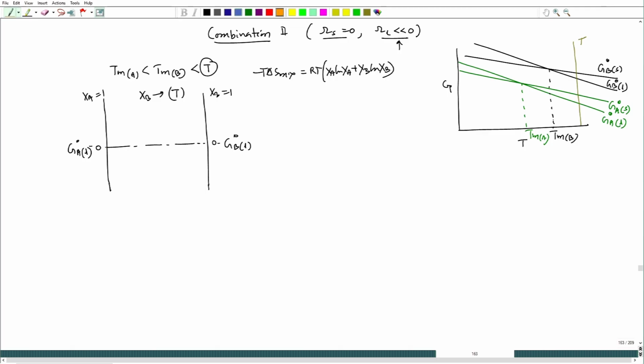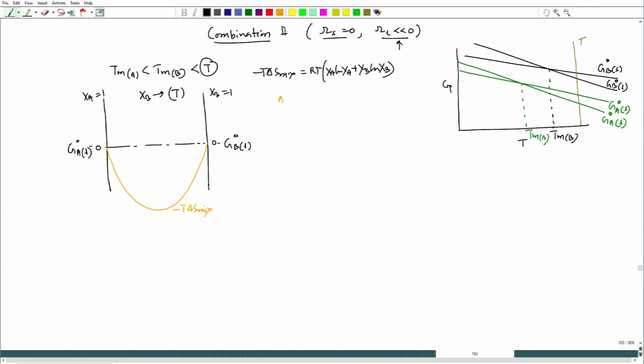So, this is the one, this is minus T del S mix, and that will not change whether we consider a liquid solution or a solid solution. This contribution will be the same in delta G mix as well as G2.